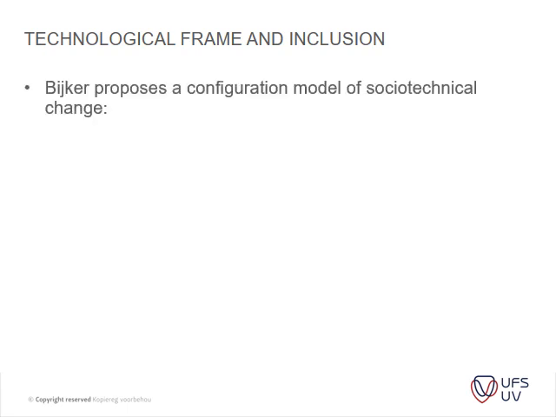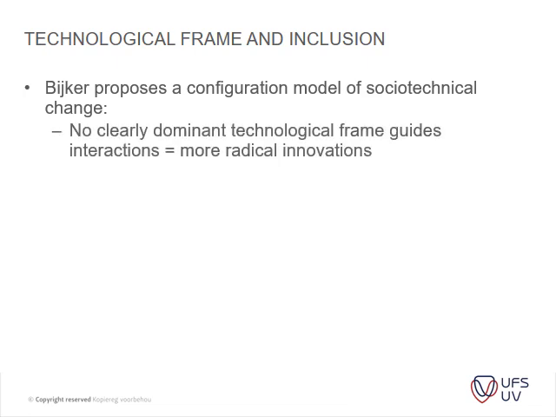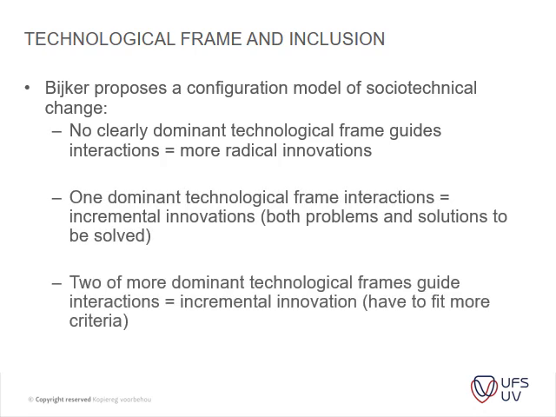Then we get to technological frame of inclusion. Bijker proposes the following configuration model of socio-technical change. What basically he says here, there's 3 criteria. Let me just open all of them.